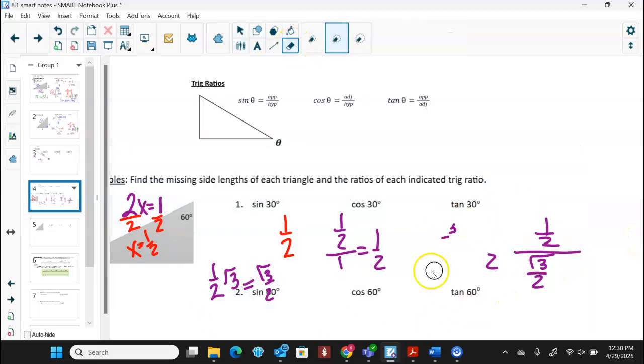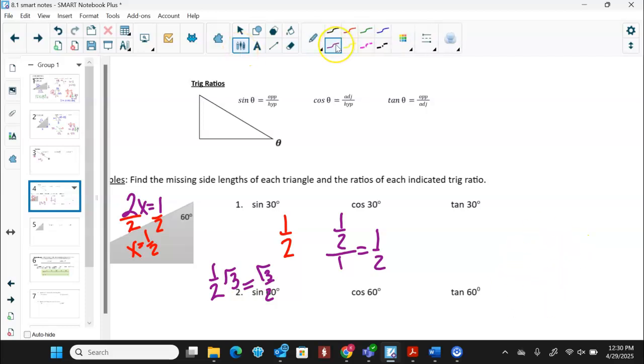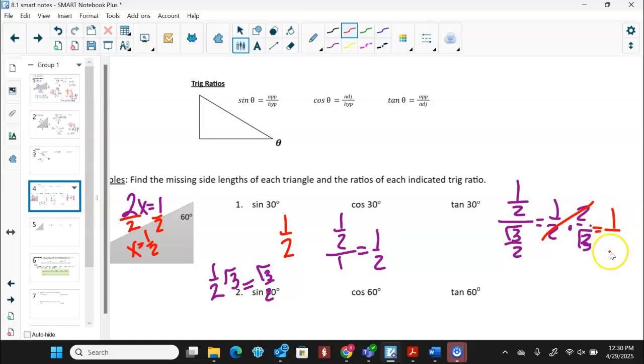So let me start over here so we have some space, okay? So again, it's opposite over adjacent. So you're going to do keep, change, and then flip. Okay, now the 2's we cancel. So you're going to have 1 over root 3.